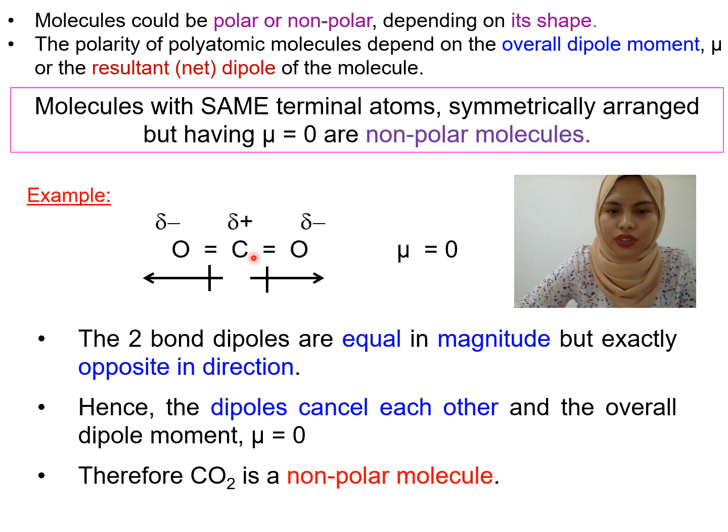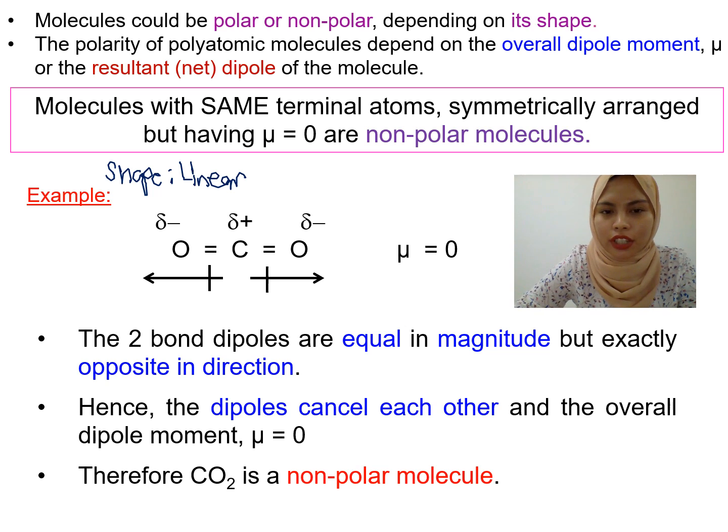In this case, the central atom is carbon and it has two bonding pairs, which means two electron pairs. For a molecule whose central atom has two electron pairs, what is its shape? Linear. Since it has no lone pair, it belongs to the basic molecular geometry shapes. For your information, the linear shape is a symmetrical shape.